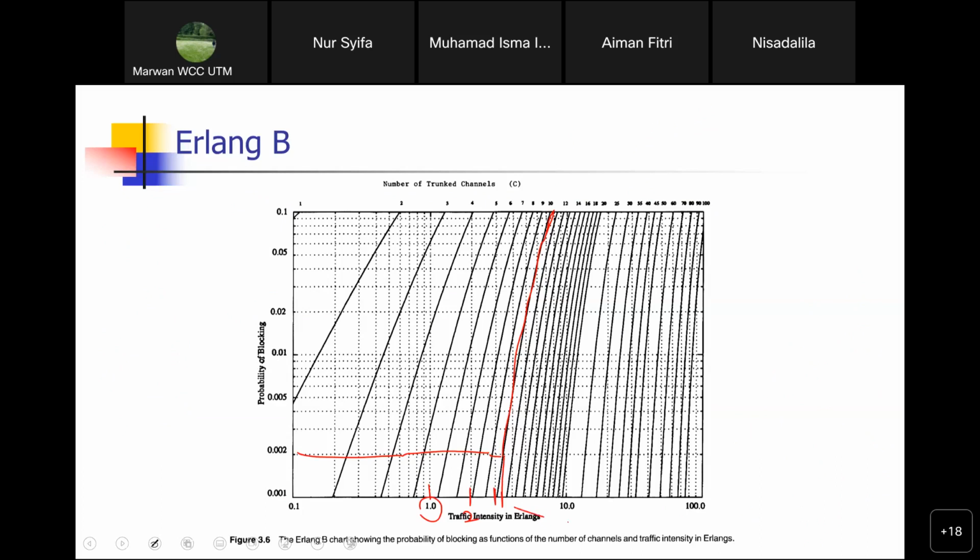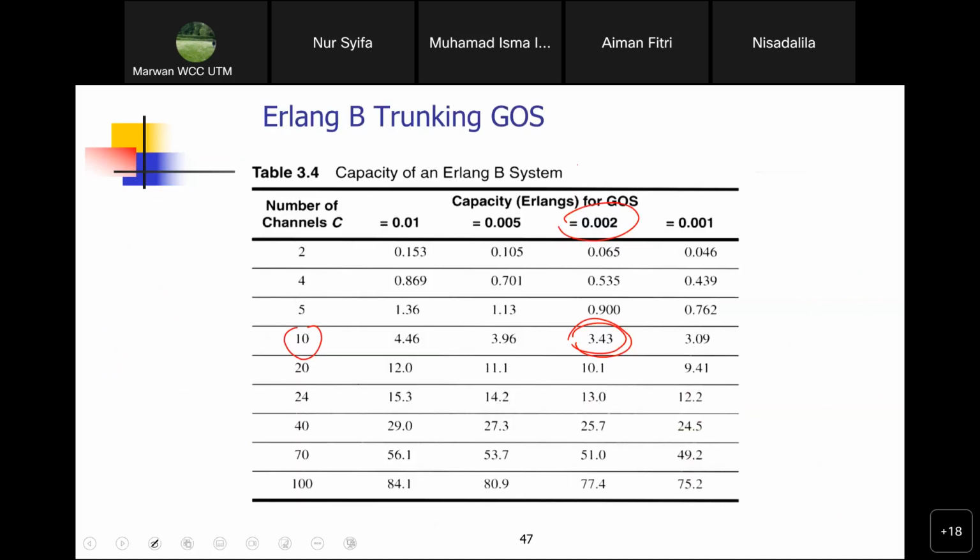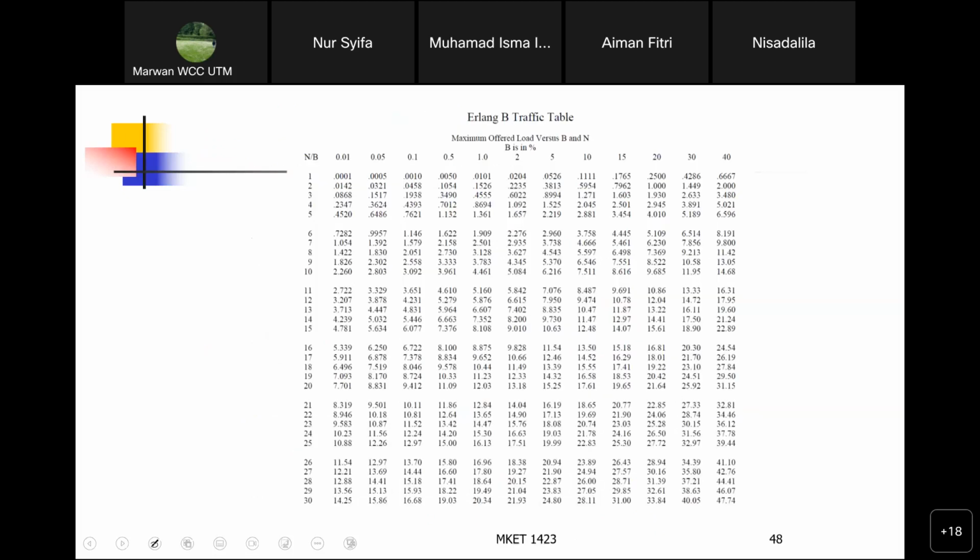It turns out it gives you 3.43 erlang. If you take 0.2%, and you look at 10 channels per cell, then the number of erlang is about 3.43. You can have this 3.43 from the graph. So the graph will give you everything, or there will be a table. Okay, 10 channels, 0.02, this is the number. This is just a simple table.